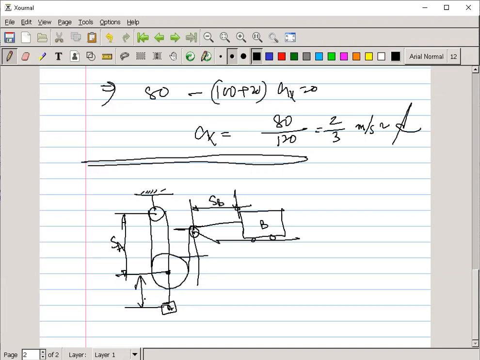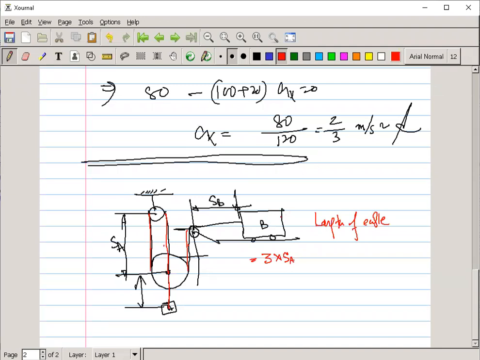So what does it mean? If S is the length of this one, this one, this one, this one, what can we write? It is 3 into SA, total length, right? 1, 2, 3. So the length of the cable.